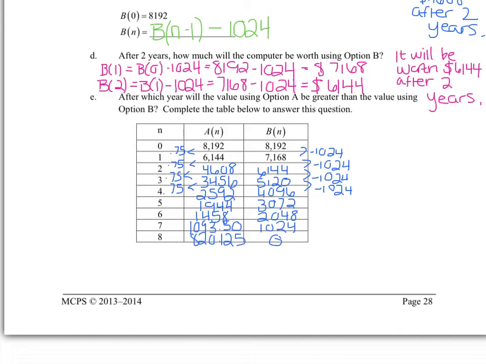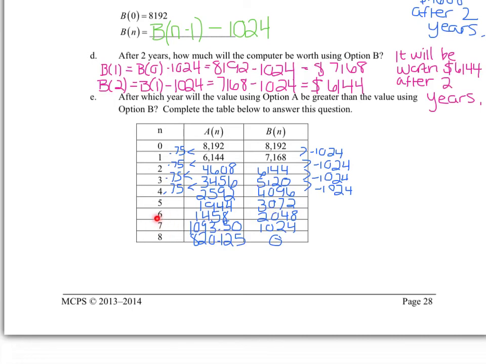Let's go back and read the question again. After which year will the value using option A be greater than the value using option B? If we compare, this is the same, but then this is less, less, less, less, less, less. But then when we get to here, this is actually larger than this value.